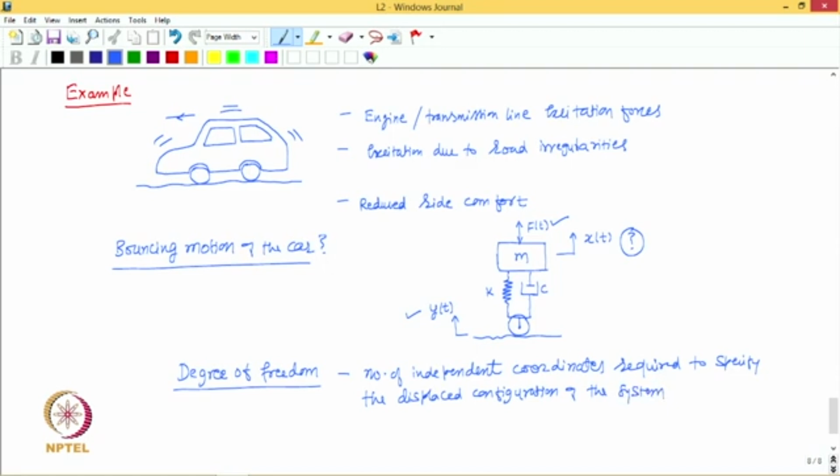So in this case, based on this model, we require only one coordinate x of t to describe the displaced configuration of this model, and hence this model is basically a single degree of freedom model, which is abbreviated as SDOF, that is single DOF model, and degree of freedom we will also abbreviate as DOF.